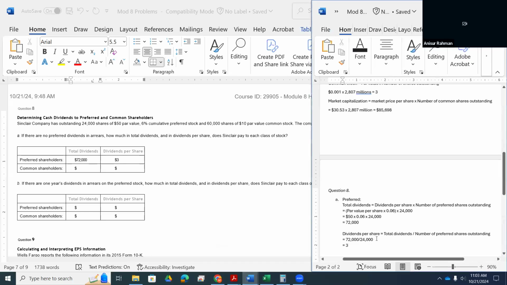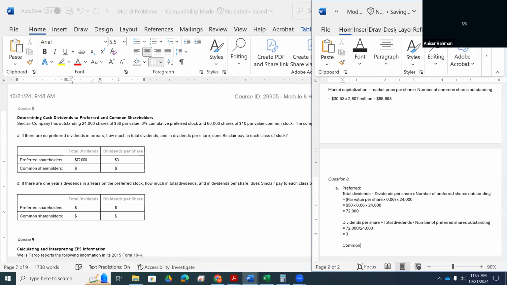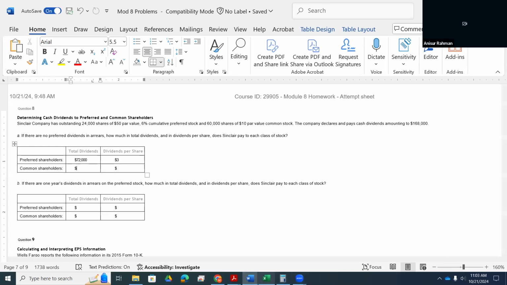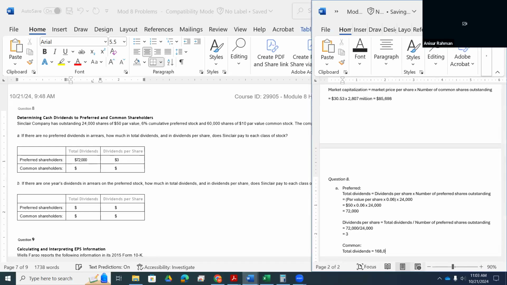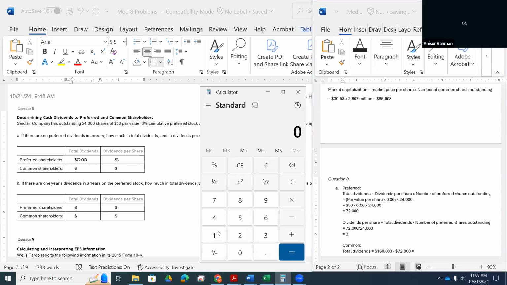So for common, total dividends will be 168,000 minus our preferred stock dividends, which is 72,000. That gives $96,000.